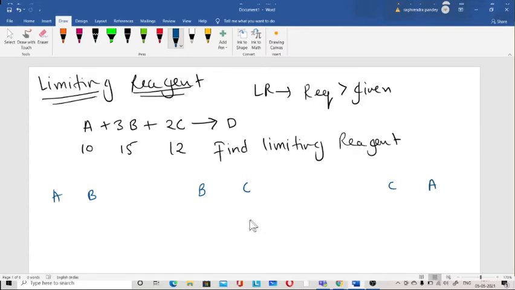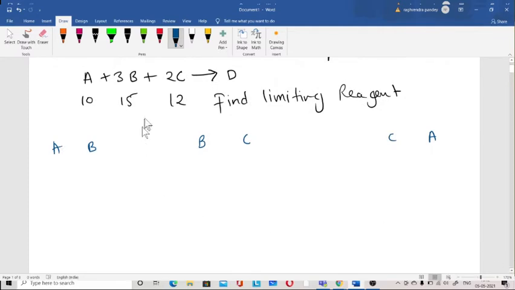Now when we make the comparison and see the requirement, if any of the reactants A, B or C is getting 2 times the requirement, then in this scenario B will become the limiting reagent. Now let's solve it, then you will understand.